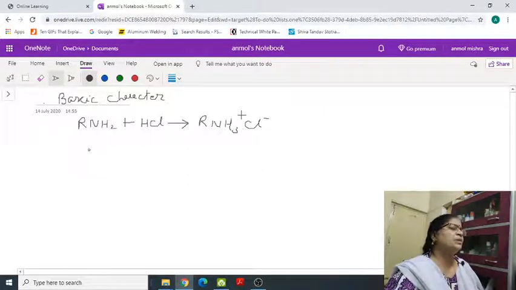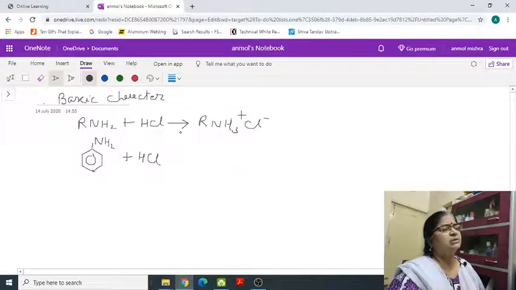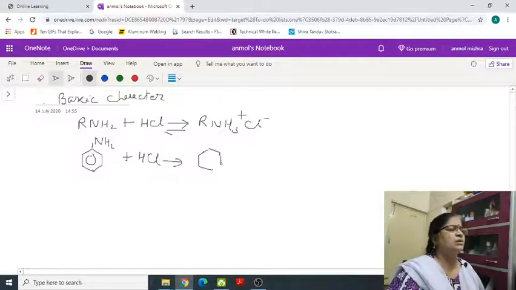Similarly, aromatic amine also reacts with acid to form aniline chloride.